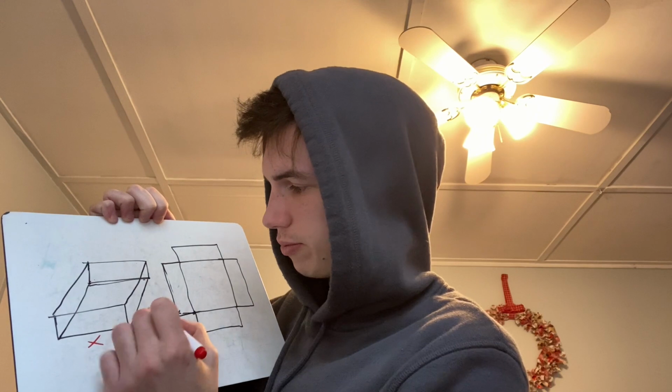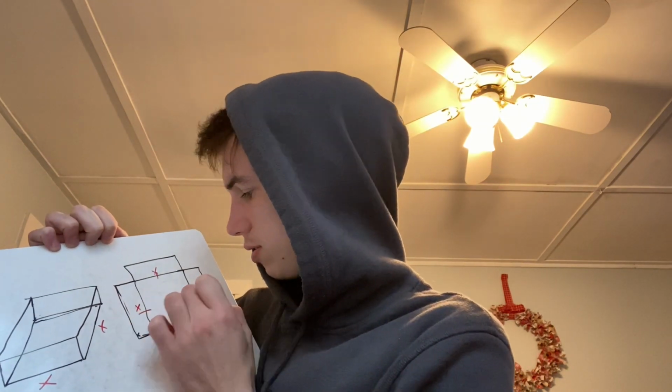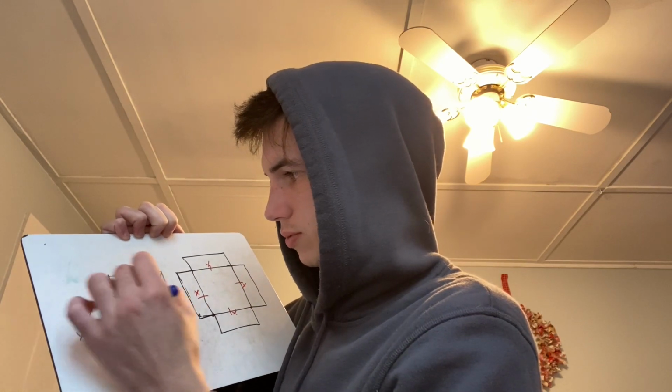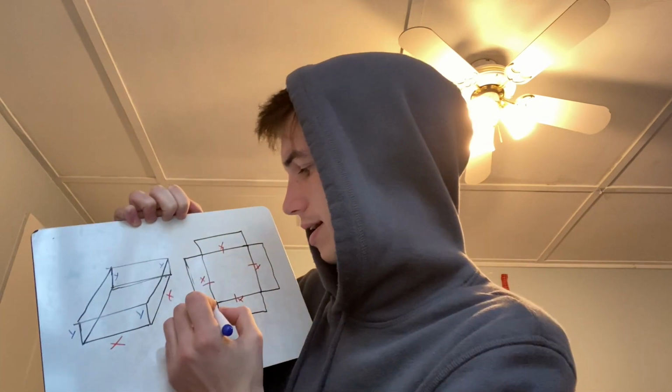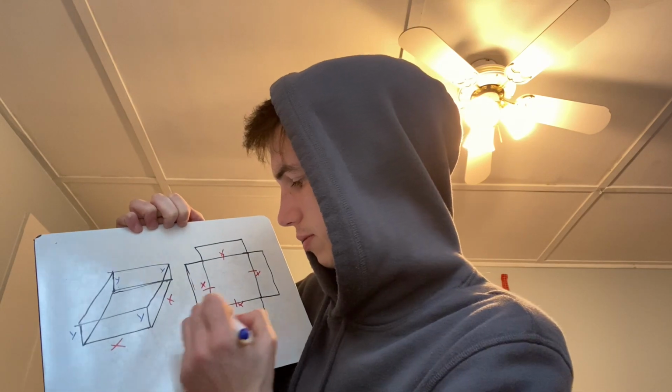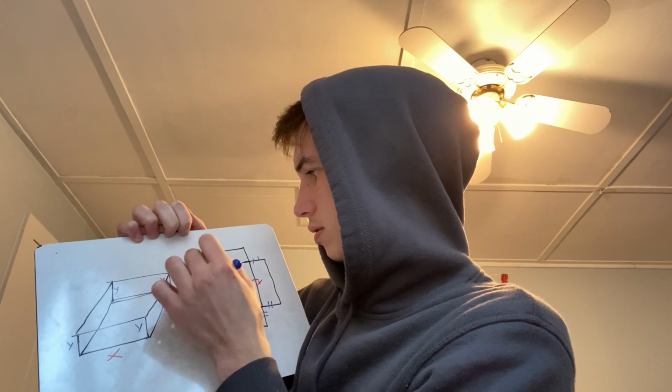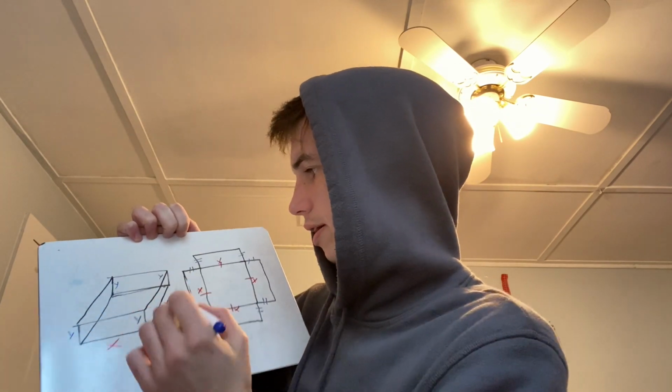We'll call it X, and it's a square base, so therefore we know that this is X, this is X, this is X, this is X. So these are all equal, and then let's call the height Y. So we know that this is Y, this is Y, this is Y, and all of these are equal as well.